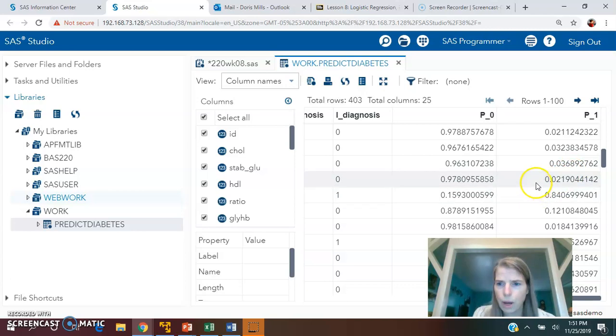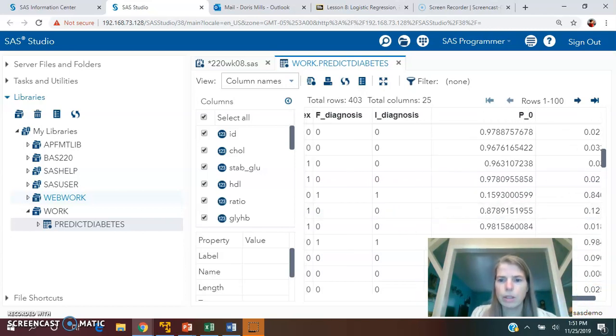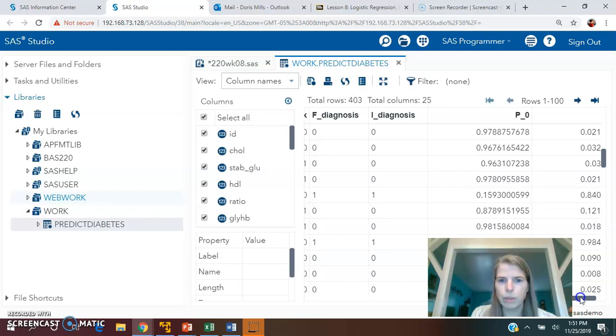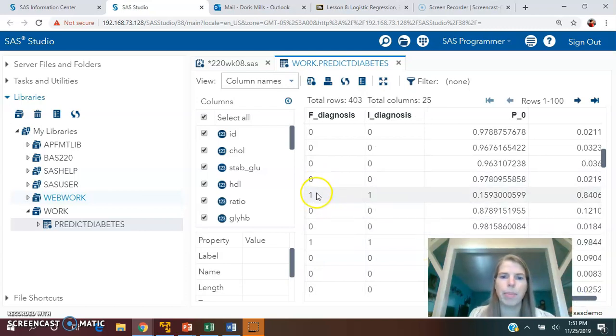So these two observations right here, where we have a 1 and a 0, just a reminder of percent concordant, what we will do is take a pair where someone does have the diagnosis and someone doesn't. And then we compare the probabilities. As long as the probability that the person who had the diagnosis is in fact greater than the probability of the person who didn't have the diagnosis, then we have what's called a concordant pair.